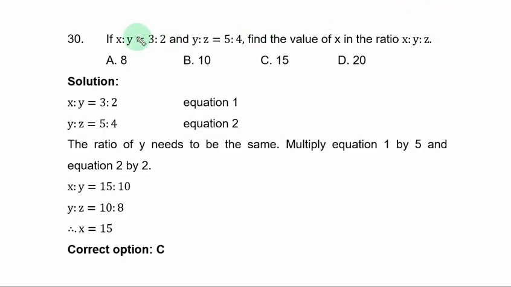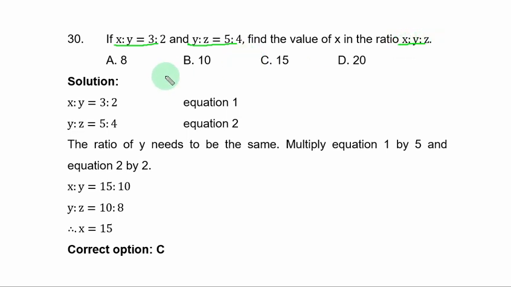Question 30. If x ratio y is equal to 3 ratio 2 and y ratio z is equal to 5 ratio 4, find the value of s in the ratio s ratio y ratio z. Solution.